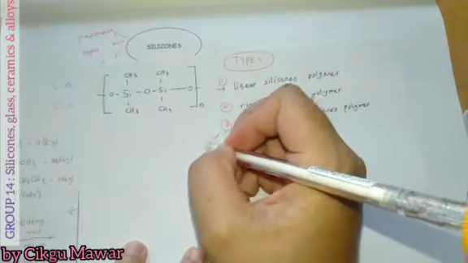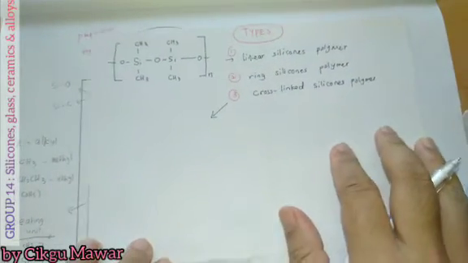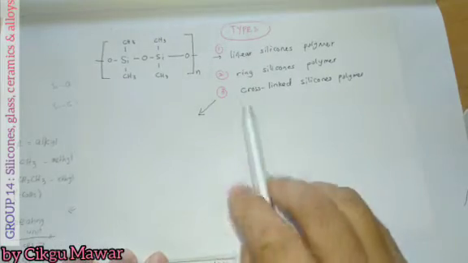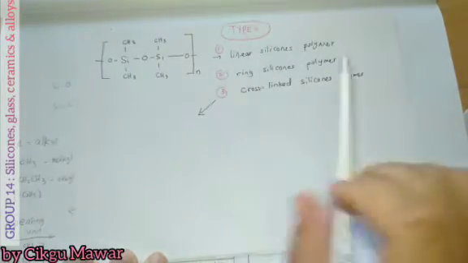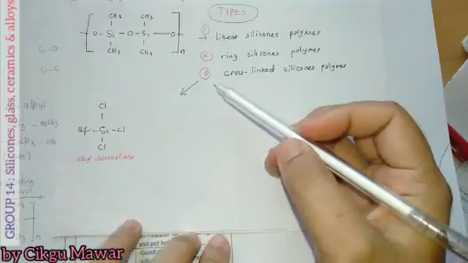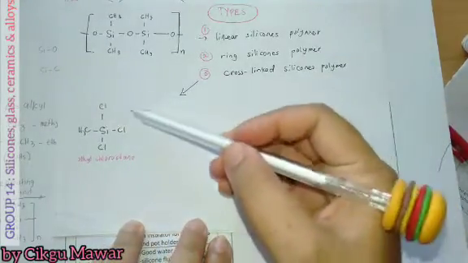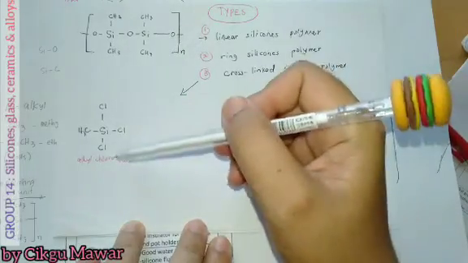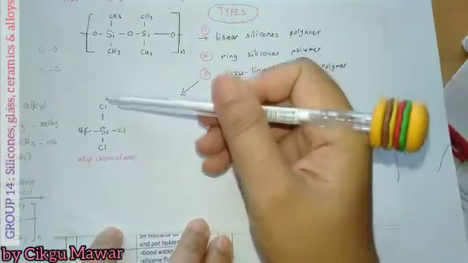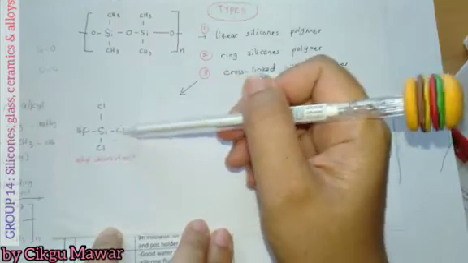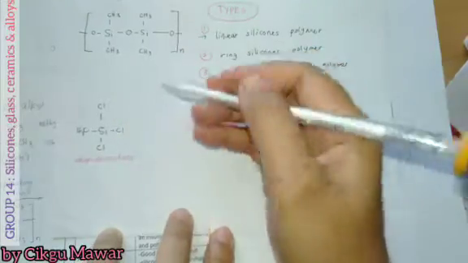Now, how to form the cross-link silicone polymer, and what is the difference from the linear silicone polymer? Now I want to show how to form the cross-link silicone polymer. I will start the reaction by using the alkyl chlorosilane. You can see here that this chlorosilane consists of 3 chlorine atoms.